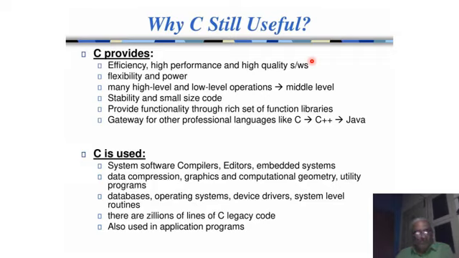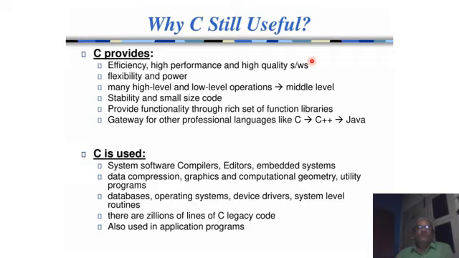This is the main reason we still use C. Then flexibility and power, and many high-level and low-level operations, that is called middle level. Stability and small code size provide functionality through a rich set of function libraries. It is a gateway for other programming languages like C++ and Java. So even though we have a number of modern languages, we prefer C because of these criteria.